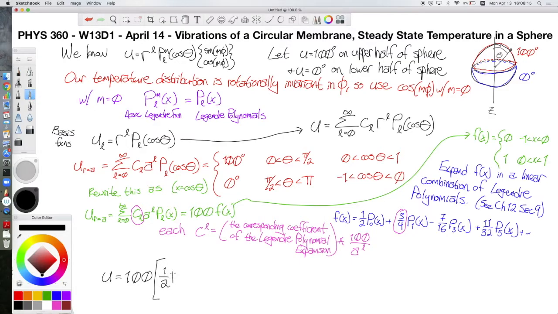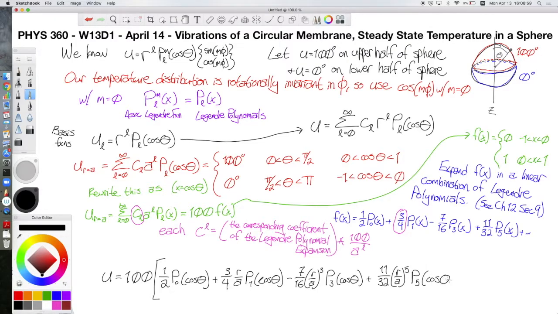where we have 1/2 times the 0th order Legendre polynomial of cosine of theta, plugging back in for x, plus 3/4 times r over a times the first order Legendre polynomial as a function of cosine of theta, minus 7/16 times quantity r over a cubed times the third order Legendre polynomial of cosine of theta, plus 11/32 times r over a quantity to the fifth power times the fifth order Legendre polynomial of cosine of theta, and this is an infinite series, so it does keep going.